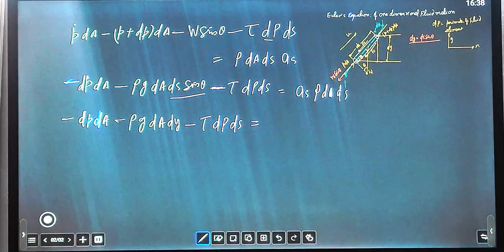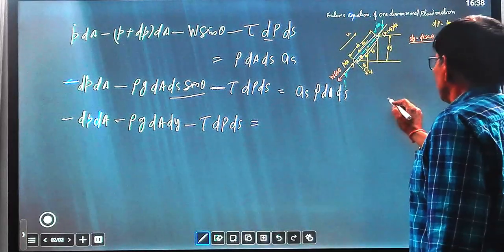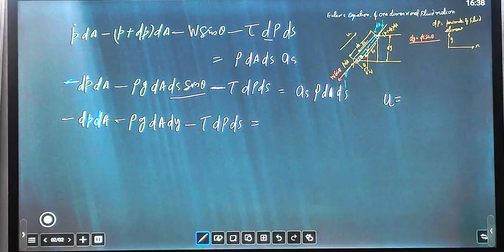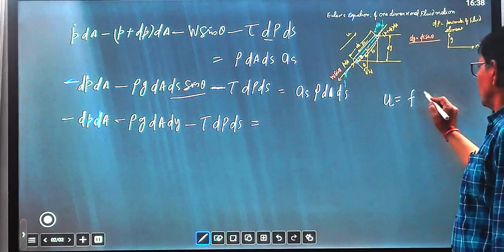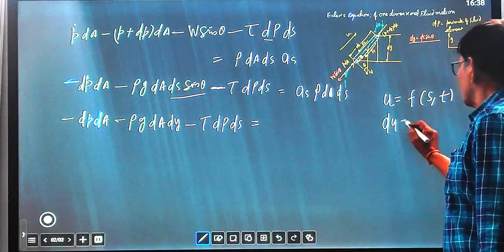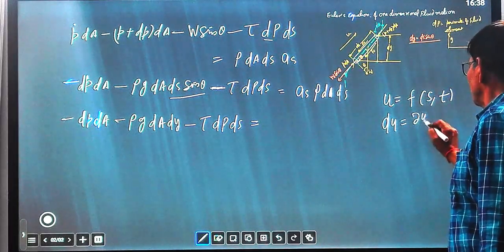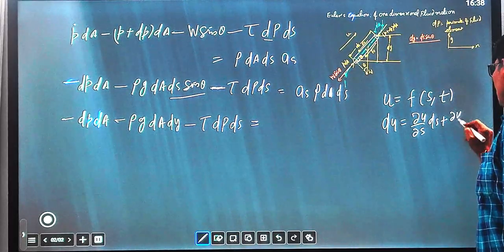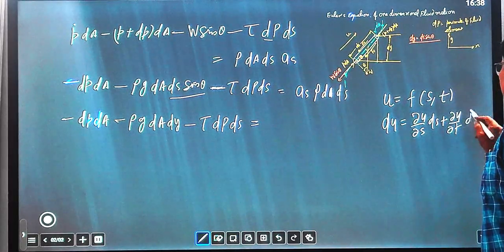But one thing that I want to define here is as, the acceleration of this fluid element. We know that this fluid element is moving with velocity u, and u is a function of displacement s and time t. So the exact differential du equals del u over del s ds plus del u over del t dt.